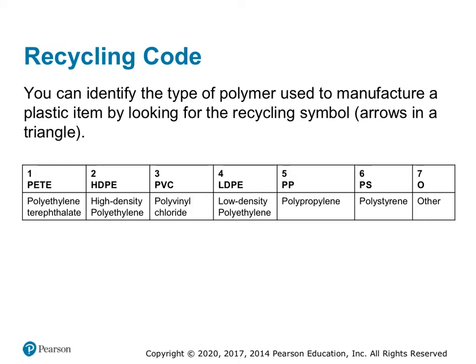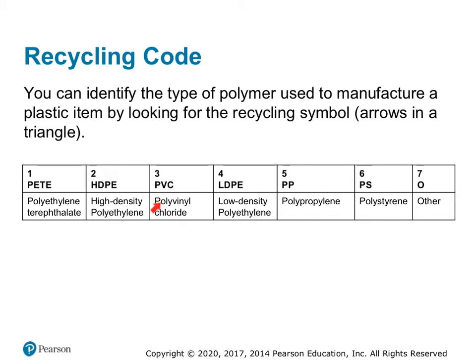You can identify the type of polymer that's used to make plastics by looking at the recycling symbol that's usually on the bottom of a plastic bottle. There are arrows inside a triangle. So there's PETE, which is polyethylene terephthalate. There's HDPE, which is high density polyethylene.